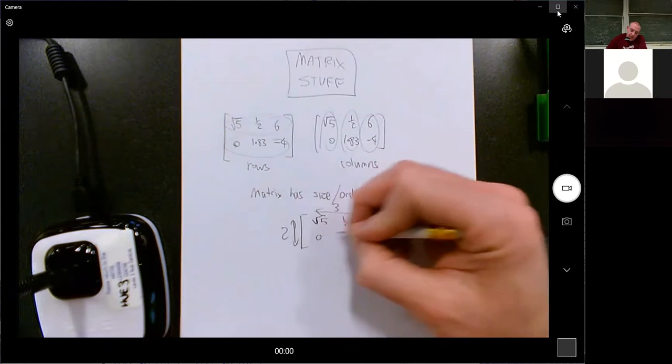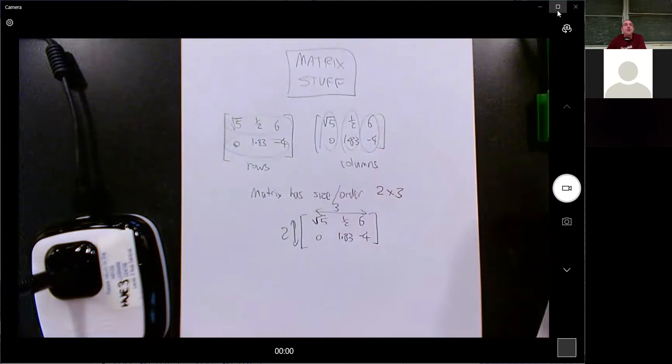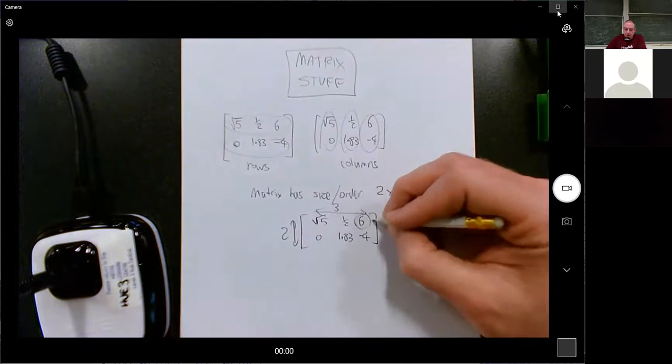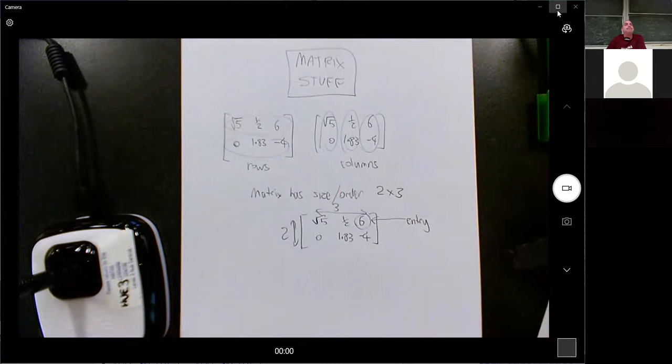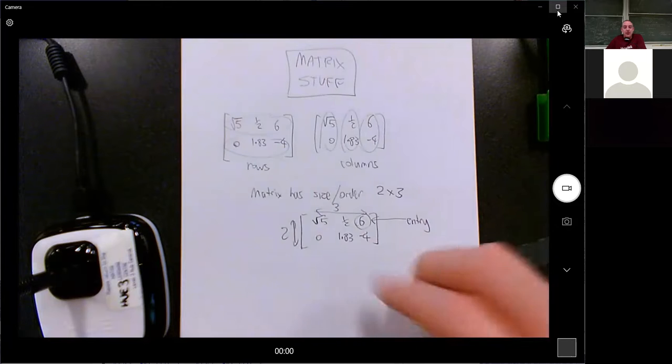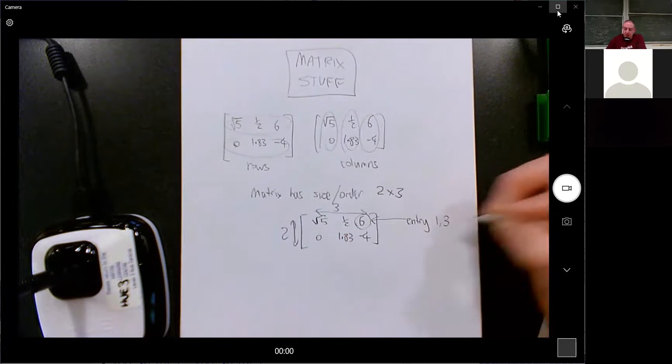Now, I say all this just in case a person who watches this in the future hasn't seen all of this already. And the last thing to know is that the actual individual numbers are called entries. That's an entry. Cool. And this entry here is the entry in row 1, position 3.